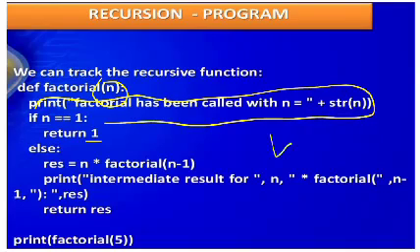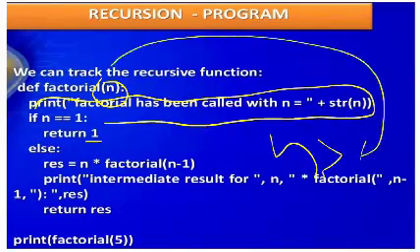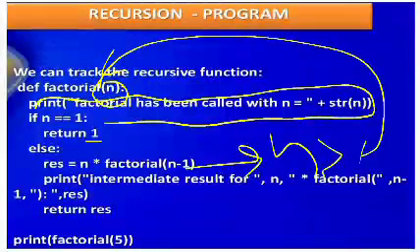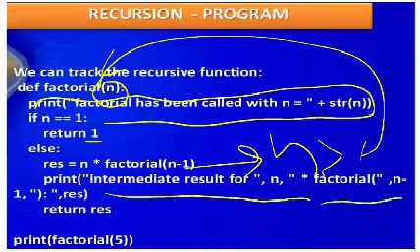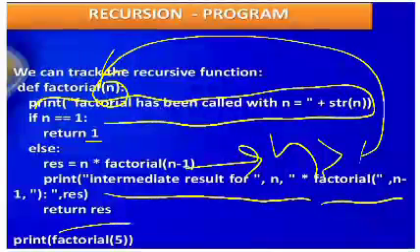If n is greater than 1, then it will be called again and repeat till n equals 1, and the intermediate result is shown in the print statement.